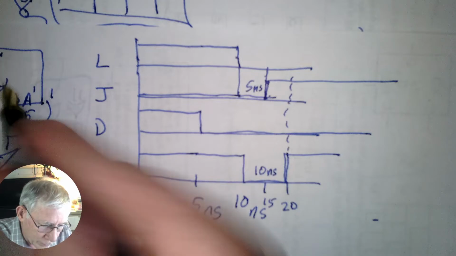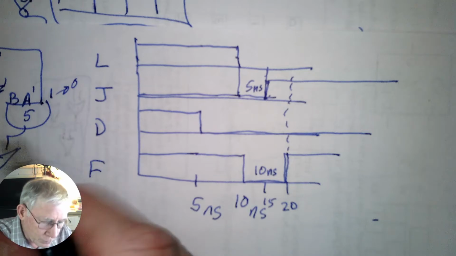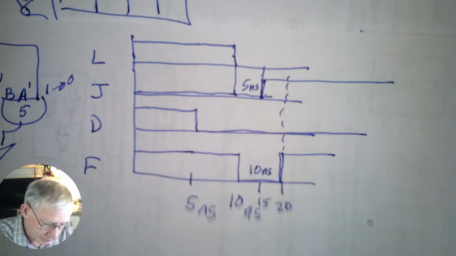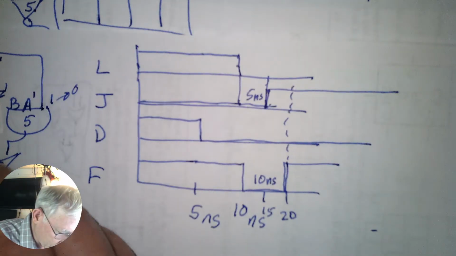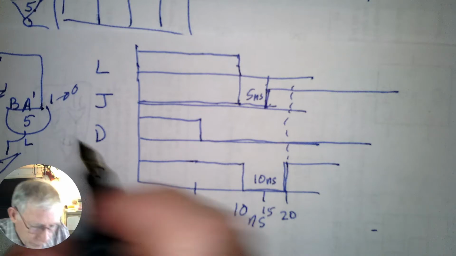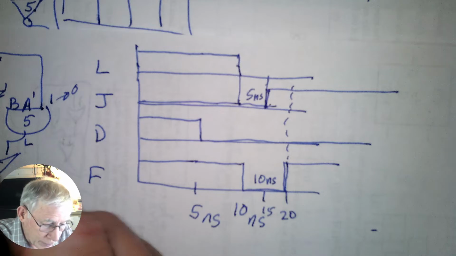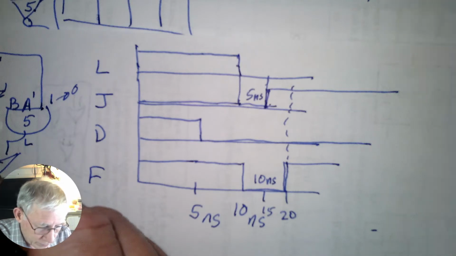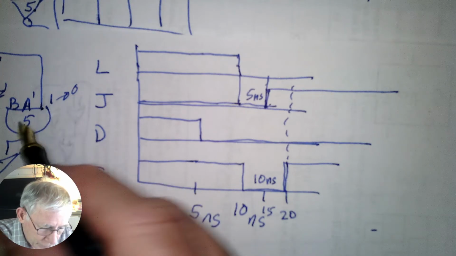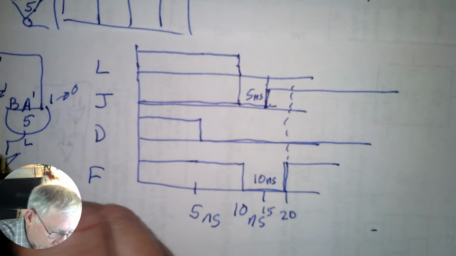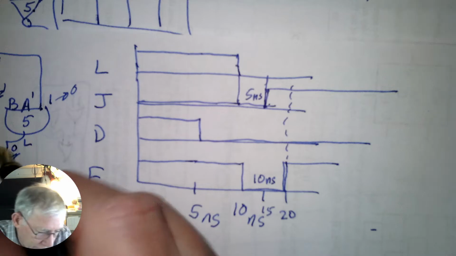So this goes to 1 and this goes to 0, but there's 5 nanoseconds delay between these two, and this is J and this is L, which means then that our J is delayed from going to 1 for 5 nanoseconds after this gate already puts a 0. So for a short time we have a 0 here and a 0 here, and then about another 5 nanoseconds later we have a 1.